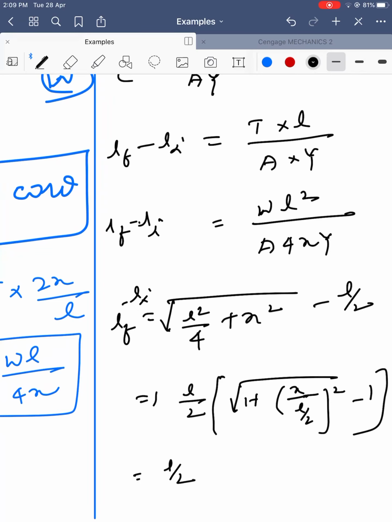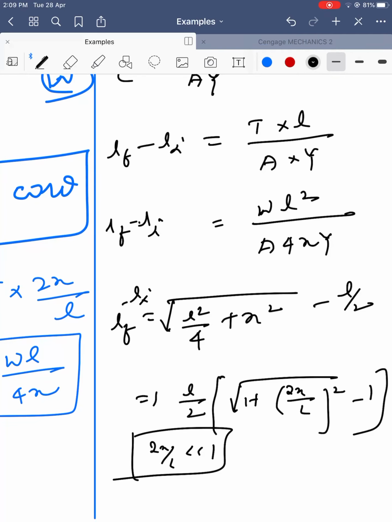See, x is a small value, so it will become 1 plus 2x by L whole square, where 2x by L is very small compared to 1.